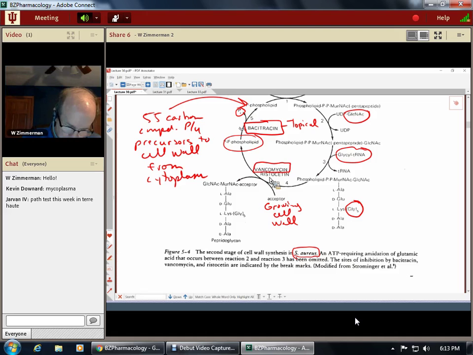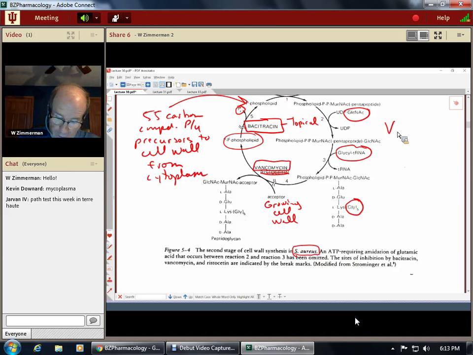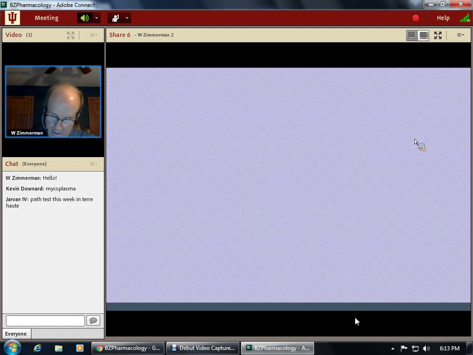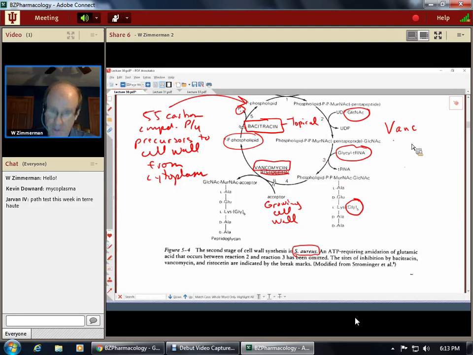Resistocin I don't care about. But vancomycin has been an incredibly useful tool clinically, and been around for quite a while now. We are getting some resistance that I'm going to talk about, but quite often in short we just call it vanc. What vanc is going to do is inhibit the transfer to that growing chain.